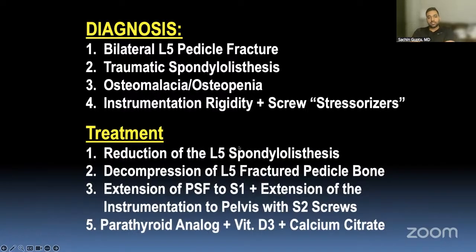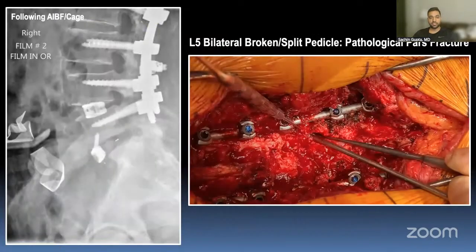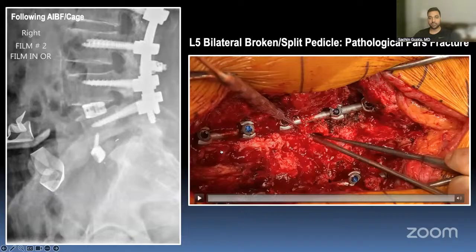So our treatment was reduction of the spondy, decompression of that bone at L5, in addition to extending her down to the pelvis with S2 fixation, and then starting her on anabolic treatment. So here we did a staged procedure. You can see we went in anteriorly.